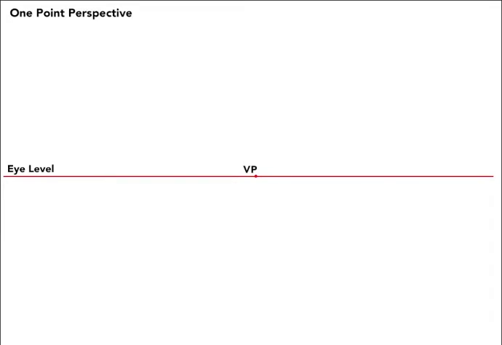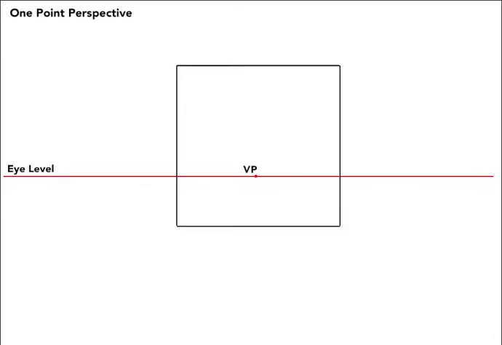Next, we will draw a box that is 9 by 9 cm. This box will represent the front of the room. So the box will look like this. The dimensions of this box is 9 cm by 9 cm.